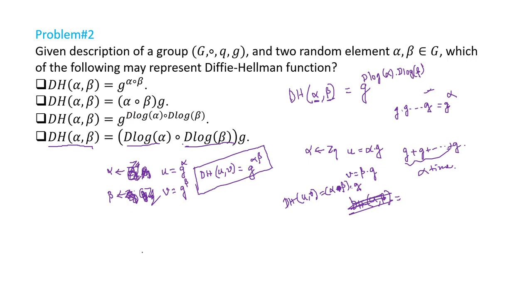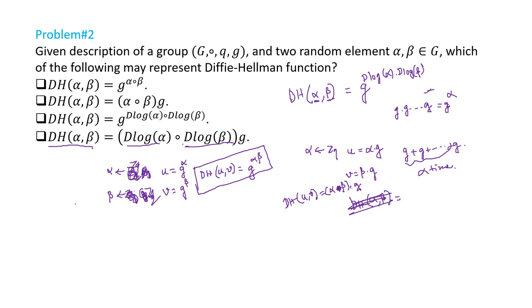Ma'am, I had one question. When we say discrete log in the case of the additive operation, if we say u is equal to alpha into g, then to find the discrete log of u, it will be u into g inverse, right?